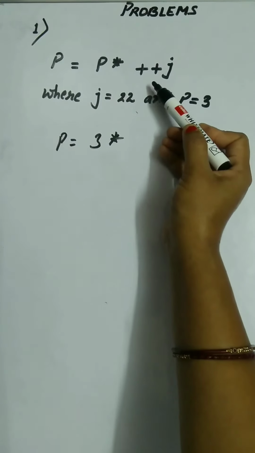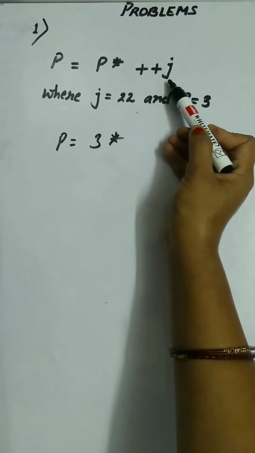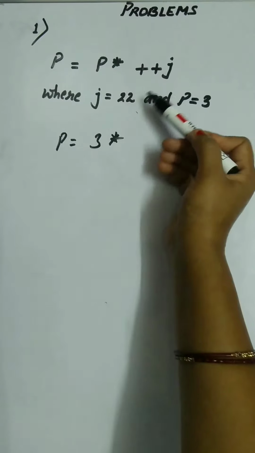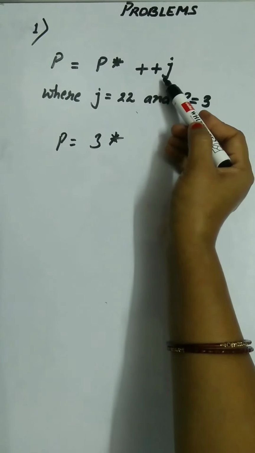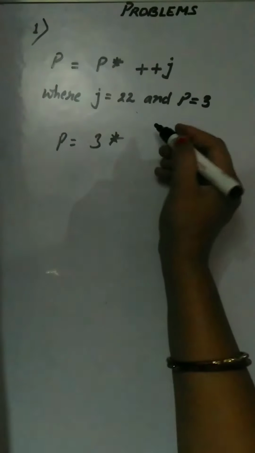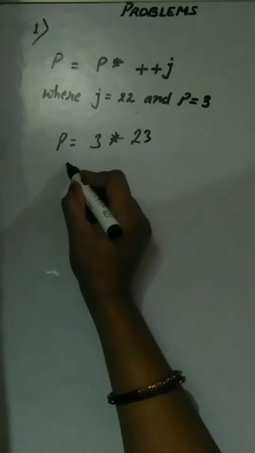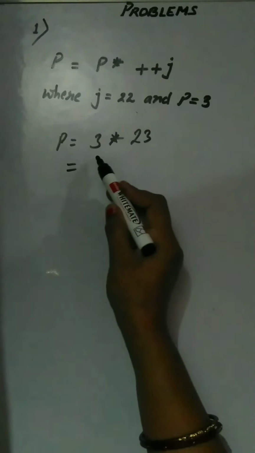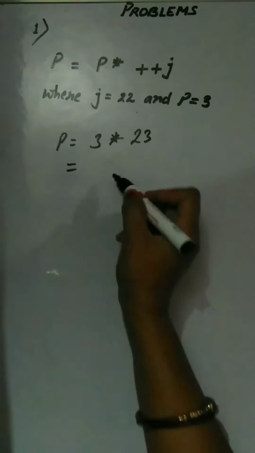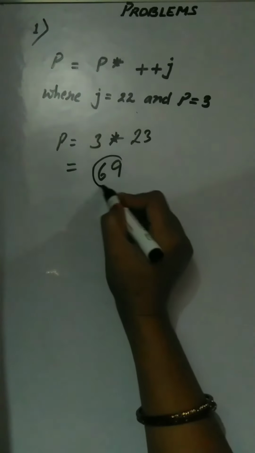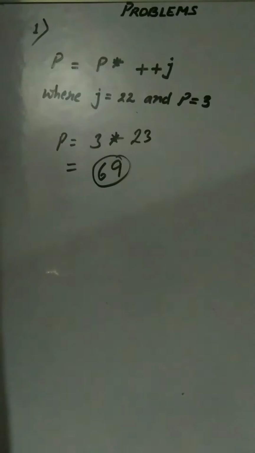Pre-increment means we add 1 to the operand, so first we change it, then we use it. So the j value is 22 plus 1, that is 23. When we multiply 23 into 3, 3 times 3 is 9, 3 times 2 is 6. That is the final value of p.